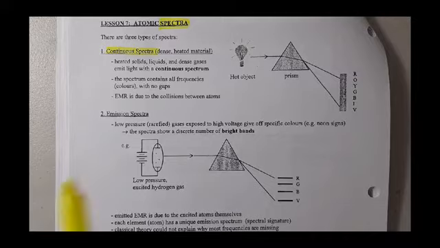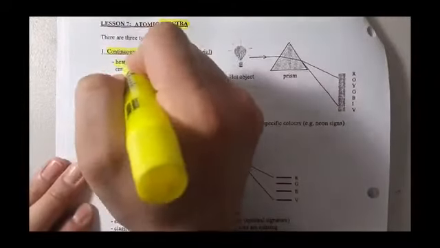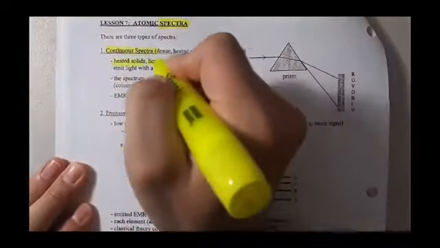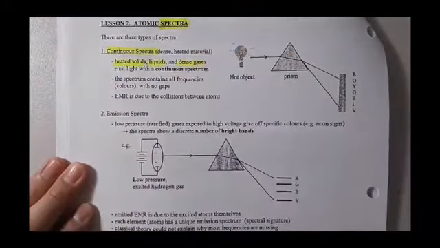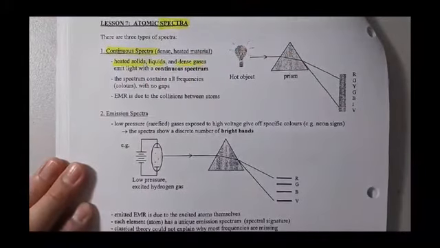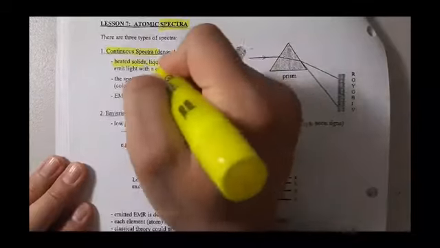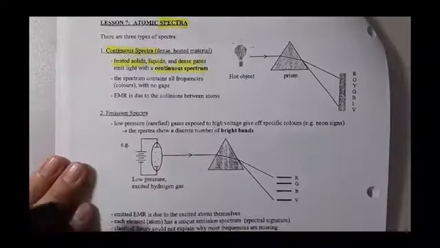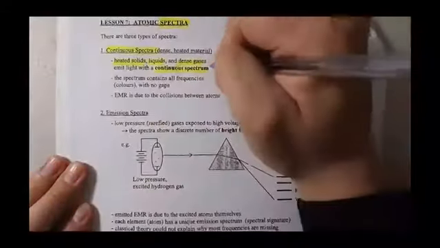It's because if you heat any type of matter, solid, liquid, or dense gas, it emits EMR. In fact, it emits every single EMR that it can possibly emit. Most of the time, it's visible spectrum, IR, those kinds of things. So, continuous spectrum basically means it's a band of spectrum. Rainbow.